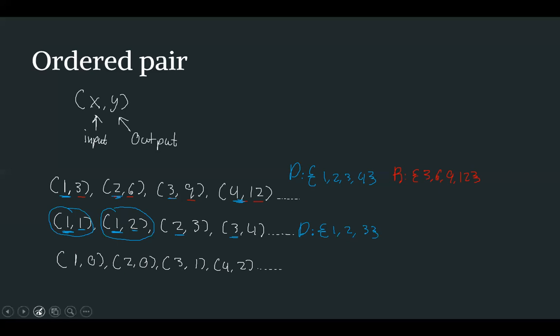So 1 has two outputs, 1 and 2, but they have the same input, which is 1.